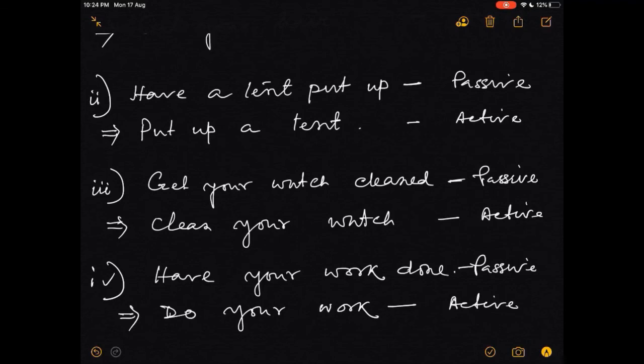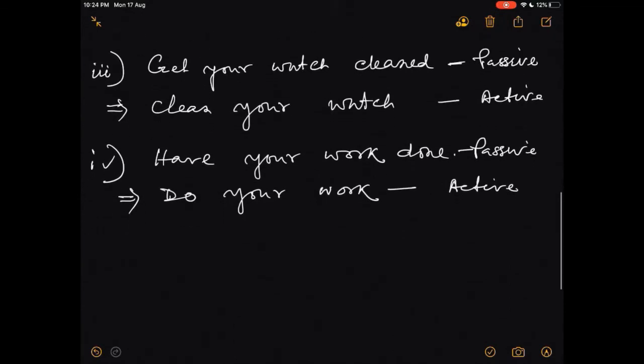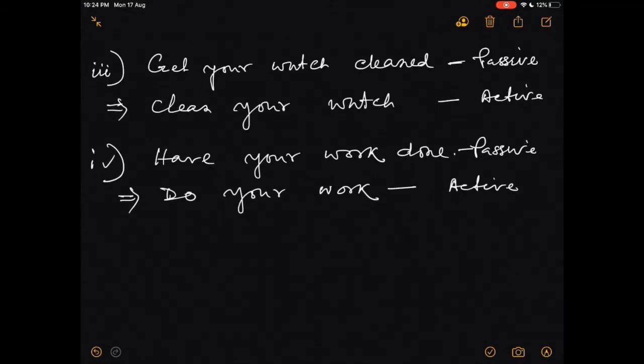Active. So this is the group of sentences which are usually used in the language in the passive form.